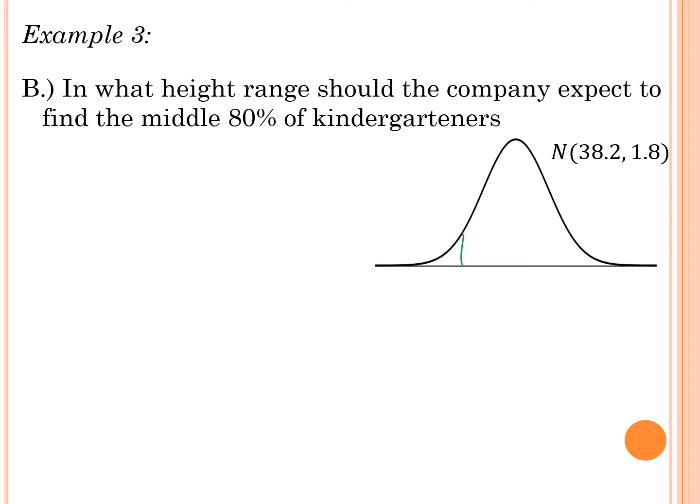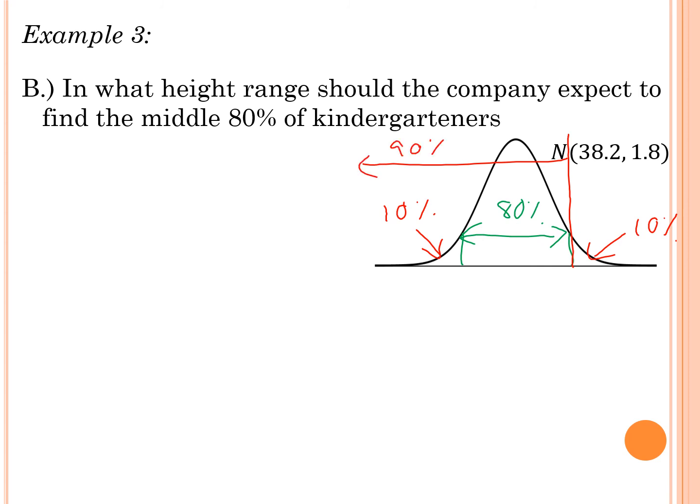So middle 80% means we have 80% cut out of the center and the other 20% left over in the tails. And that 20% is split evenly, 10% on this side, and then the upper 10% on the high side. That also means that to the left of this cutoff would be 90%.